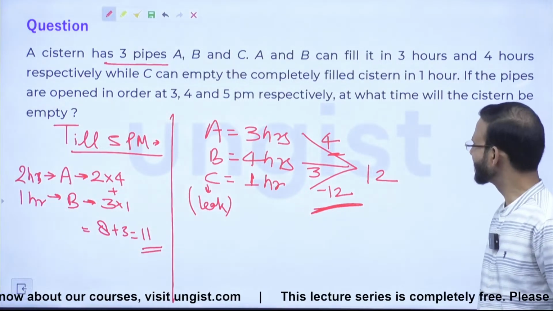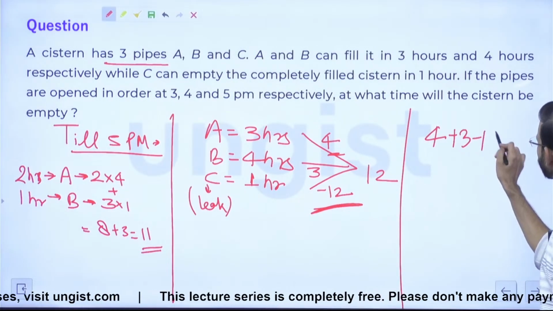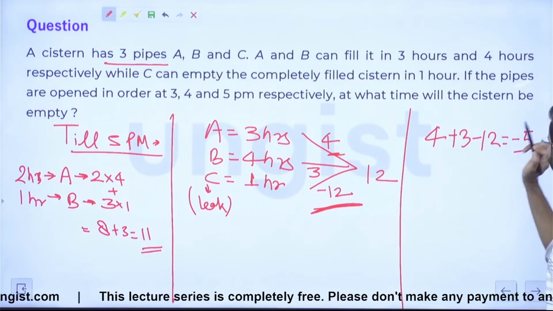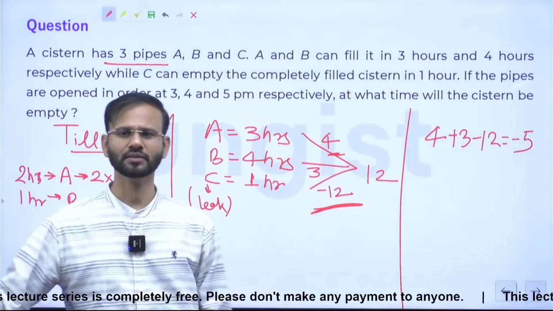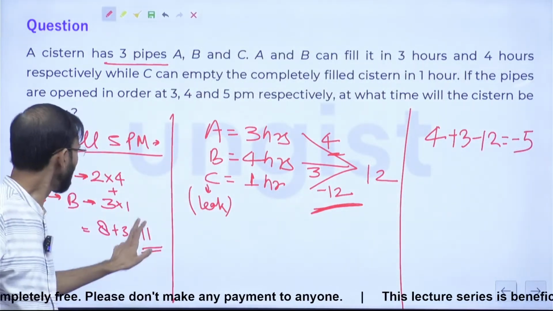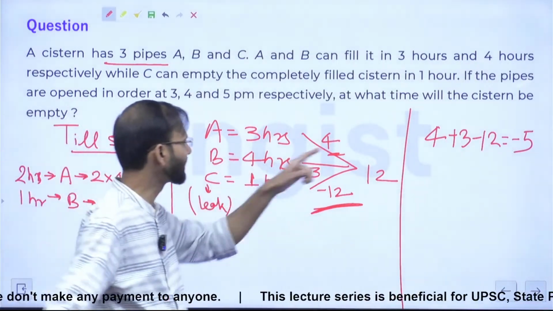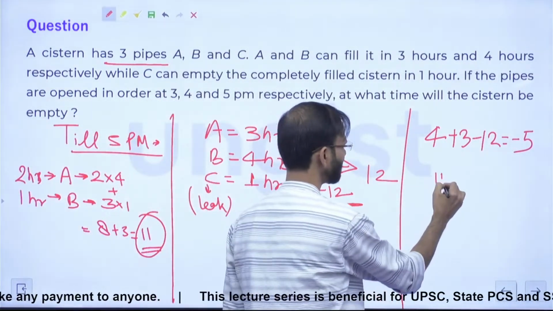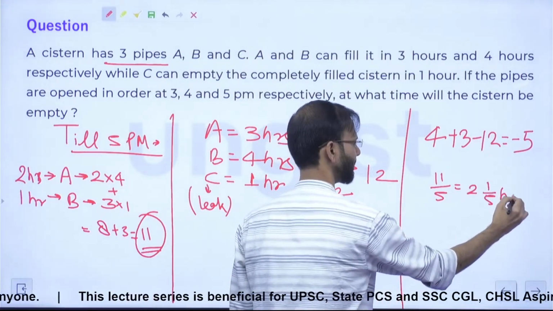Okay, now as soon as the leak opens, what will happen? At what rate is the water going out? -5. Water is going out at the rate of 5 units per hour, right? And how much water is there in the tank? 11. So this will be getting out at the rate of this. So 11 by 5, guys, 11 by 5 is 2 1/5 hours. Okay?